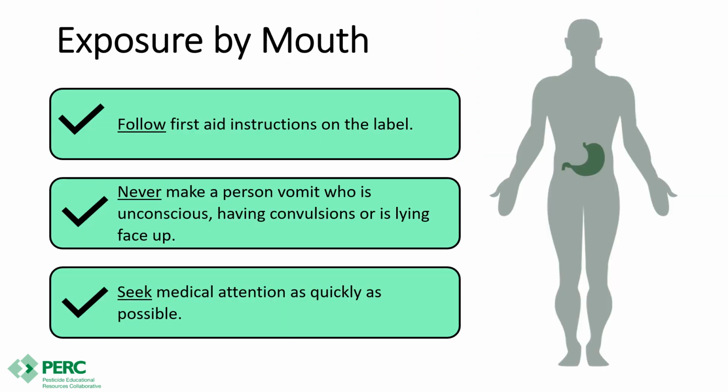If a person accidentally swallows a pesticide, follow the emergency first aid directions on the pesticide label. Never make a person vomit if a person is unconscious, having convulsions, or is lying face up. The most important step is to get the person to a nearby medical facility as quickly as possible.